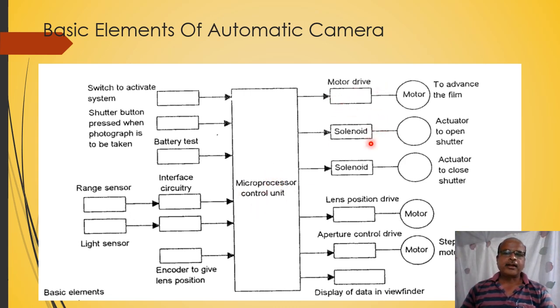Then motor drive, solenoid or motor to advance the film, actuator to open the shutter, then actuator to close the shutter, lens position drive, again a motor, aperture control drive, again a motor is used there, then a stepper motor you can also use there, display of data in view finder.